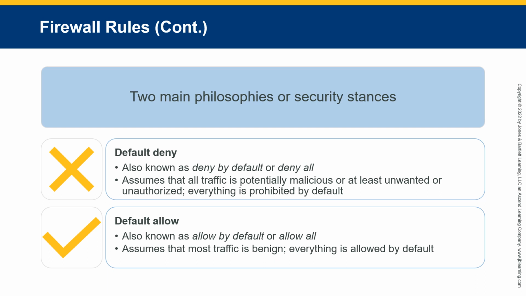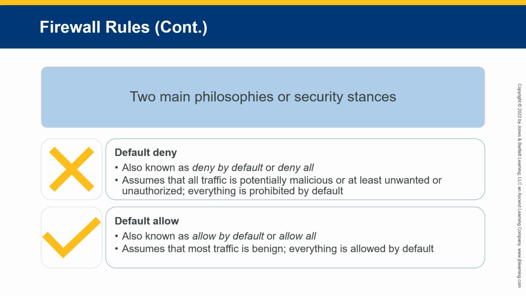It assumes that all traffic is malicious, or at least unwanted or unauthorized, and everything will be prohibited by default. In some older circumstances, there's a default allow rule, and this is like kumbaya. Everyone thinks that all the traffic is good and everything should be allowed out, no stoppage of information.